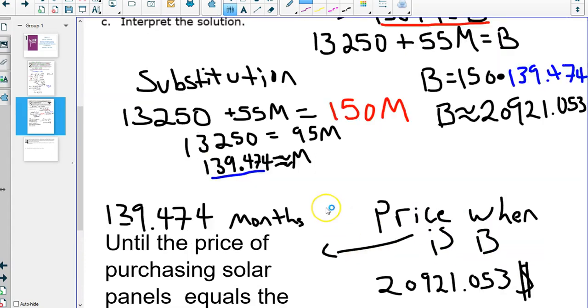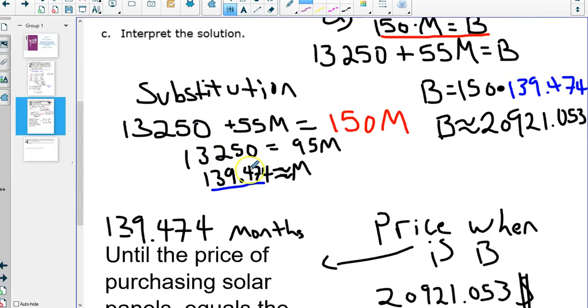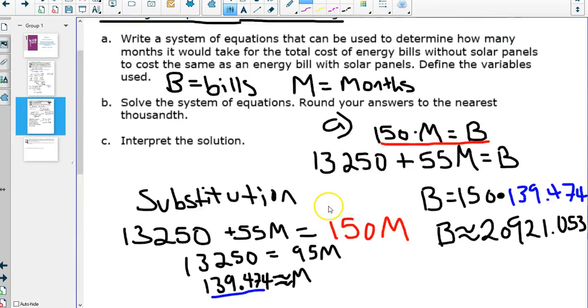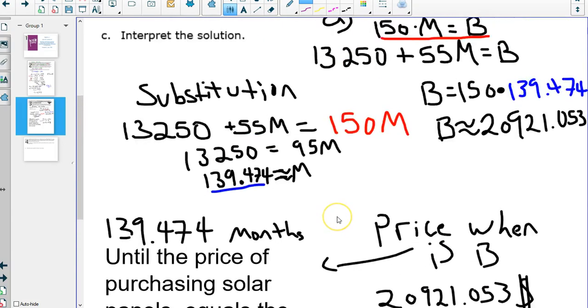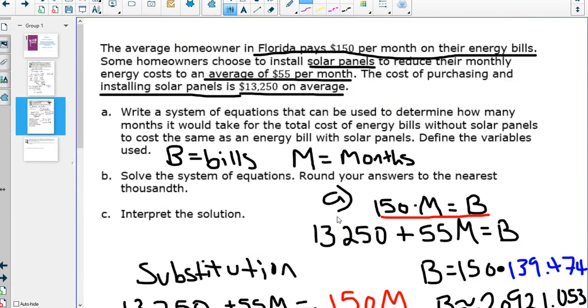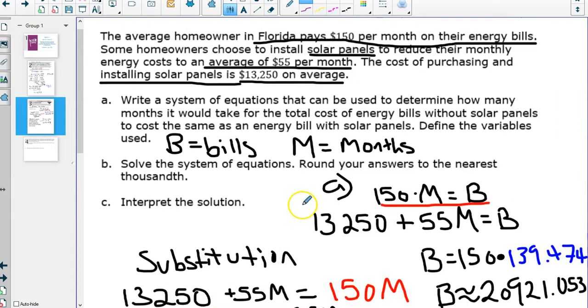So pretty much what this is saying is, if you buy solar panels, it's going to take about 140 months to pay it off, and then at that point your energy bill would have been the same price anyways. And after that 10 years, the energy bill, or buying the solar panels and the energy bill, would be about $20K. After that, you just have a discount for the solar panels.